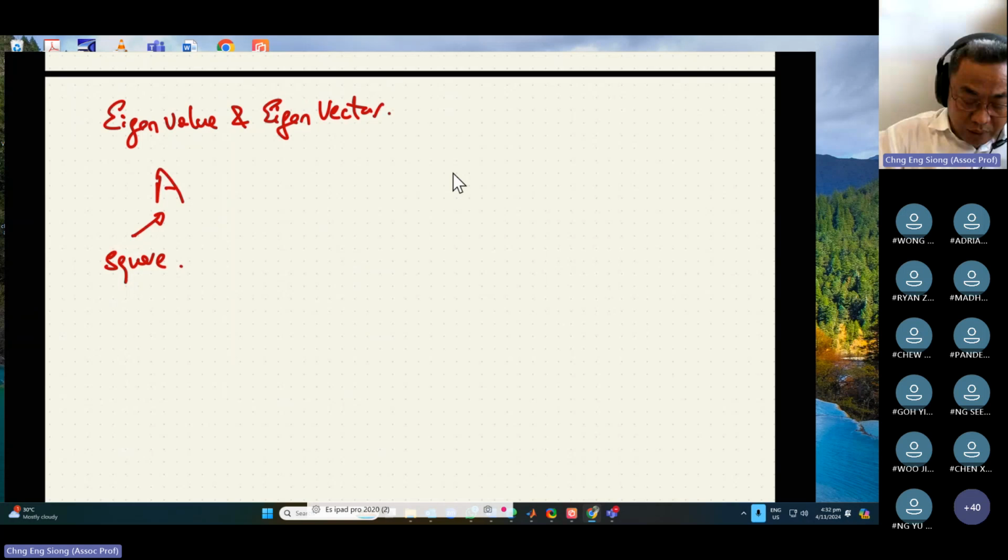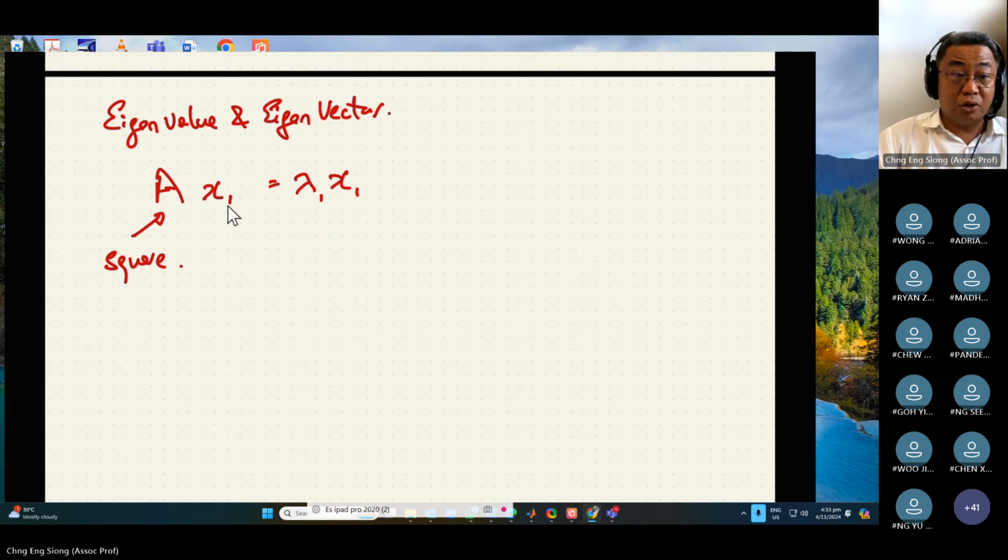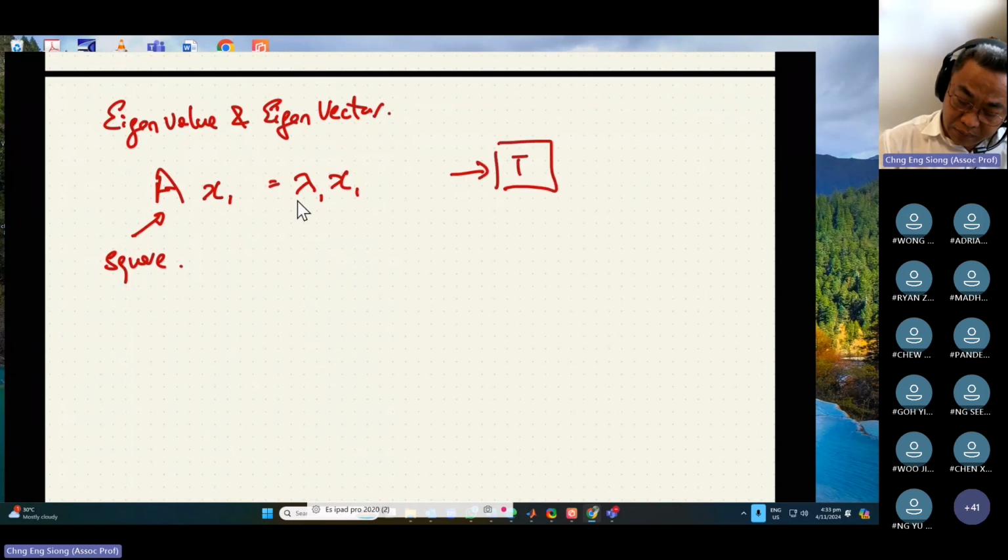When we have a square matrix and we multiply with a vector x and get an expression like this, then what we realize is that the vector x1, being eaten up by A, the transformation, is changed only by a scalar value. You can think of it this way: this is the transformation, x1 goes in, and out comes lambda x1.